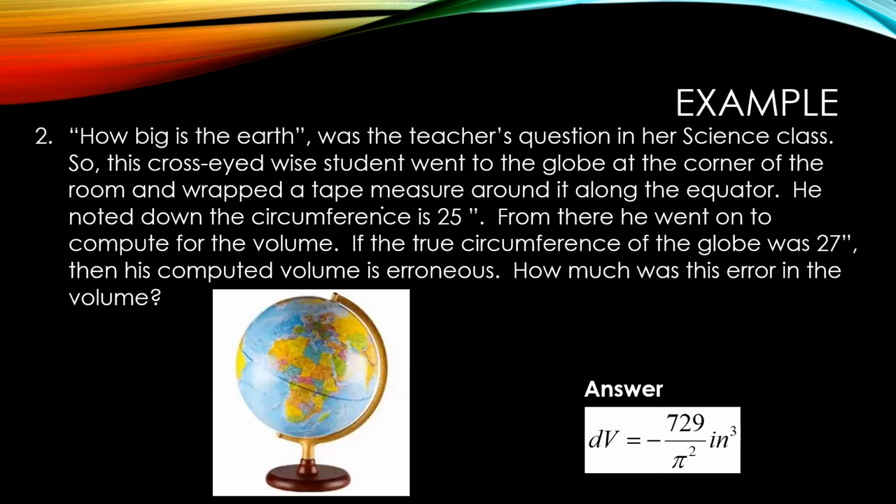So the differential in C is -2 inches. Right? 25 was the observed, but the actual or the exact is 27. Therefore, C2 is 25, C1 is 27, dC is -2. So, error in solving the volume.